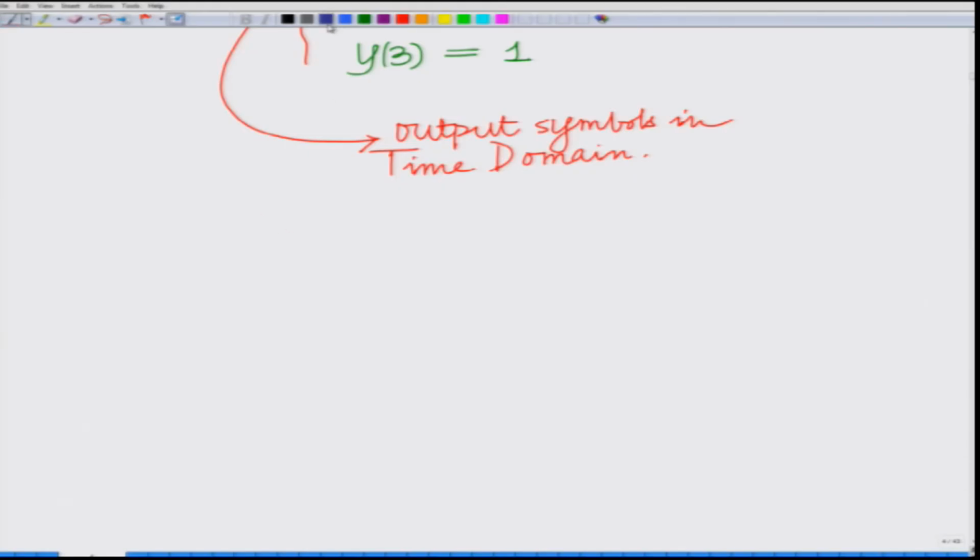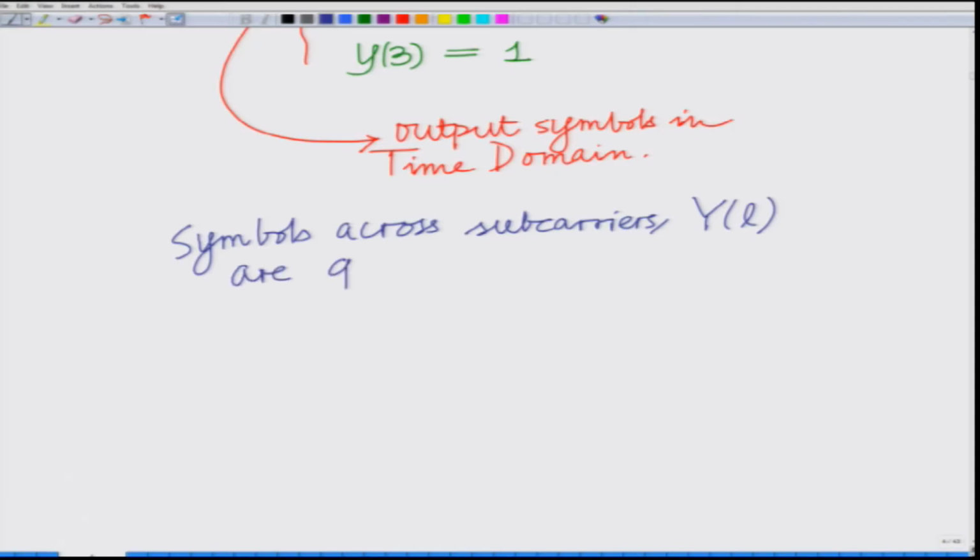So, the symbols across the subcarriers Y_L are given as, well, we can write the expression for that.